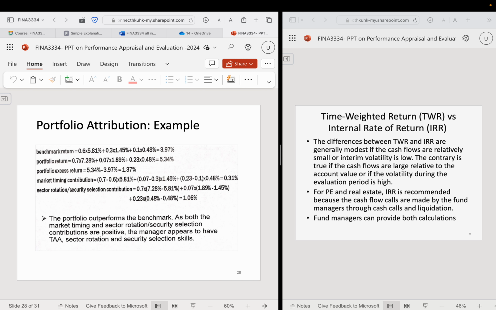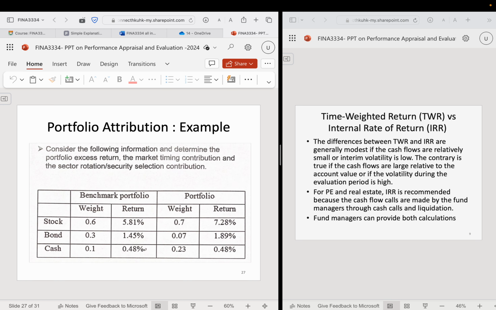For example, say in this case, if I underweight equity, from 0.7 to 0.5, and then overweight bond, I think the overall return will still be better, but my contribution from weighting will be a lot higher than from the equity.